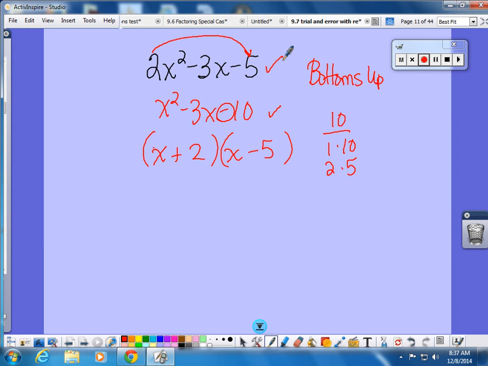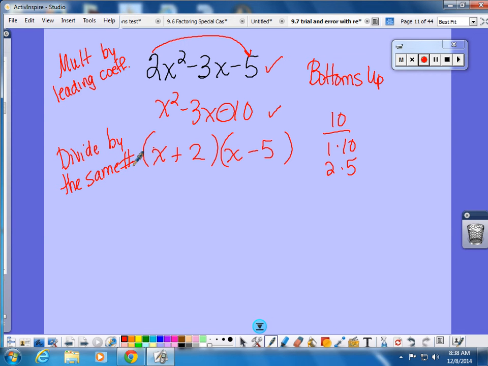But I don't want that. I want this. I multiplied by 2 a few minutes ago. Now I'm going to come back at this part. So I multiplied, if you're writing out some steps, by the leading coefficient. Now I'm going to divide by that same number. All right, I multiplied by 2. Now I'm going to come back and take my factors and divide them by 2.